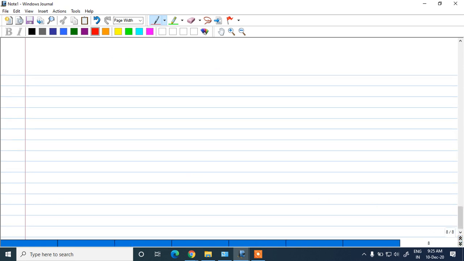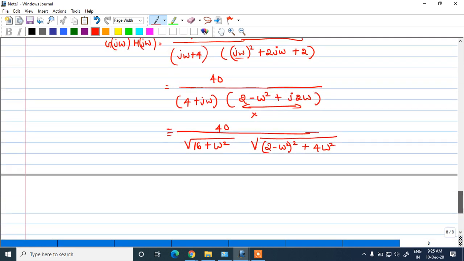For the angle, the numerator will be 0, and then minus tan inverse of omega by 4, and in a similar way minus tan inverse of 2 omega by (2 minus omega square). Okay, so this will be the angle condition.